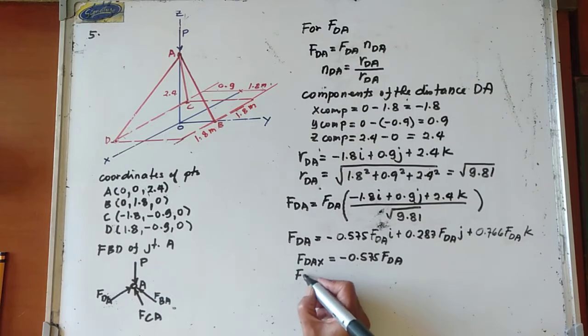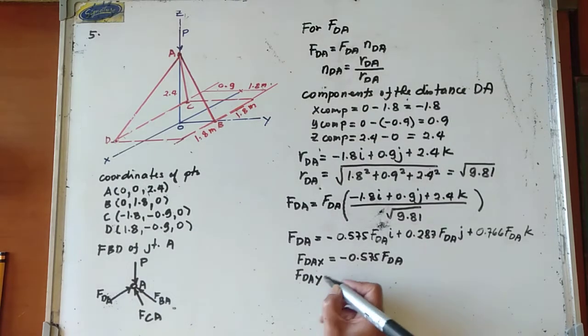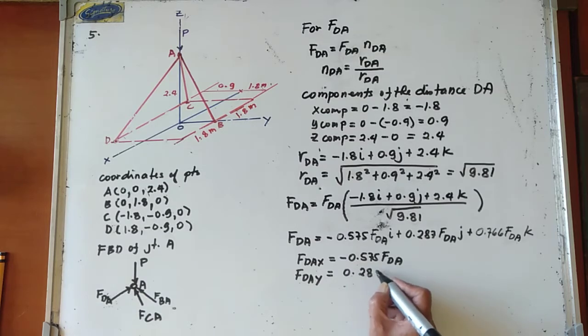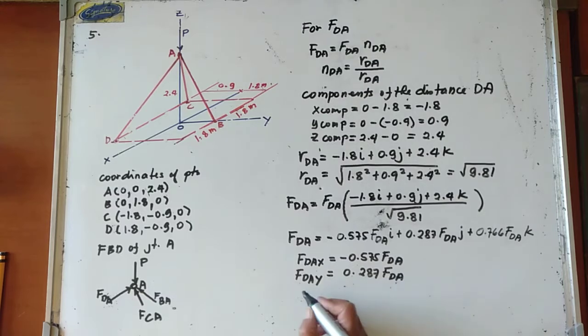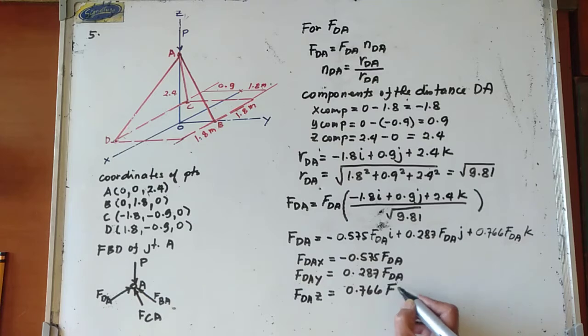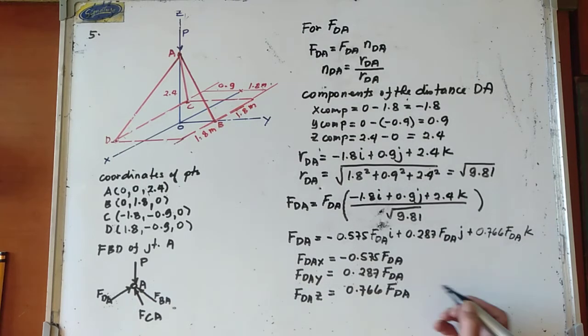And your FDAy is equal to 0.287 FDA. And your FDAz is equal to 0.766 FDA.